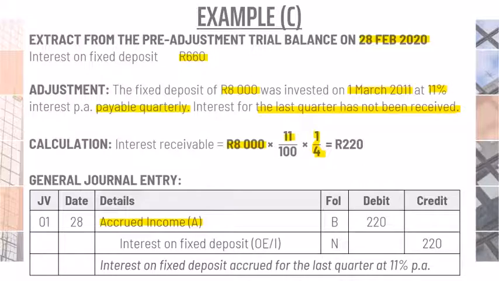Go and debit that asset account and go and credit interest on fixed deposit because that's the income account that should be a little bit more. And then remember, because it's now interest, we always want you to give us the time period and the rate in your narration. So interest on fixed deposit accrued for the last quarter at 11% per annum.